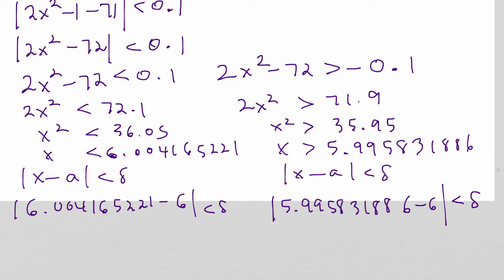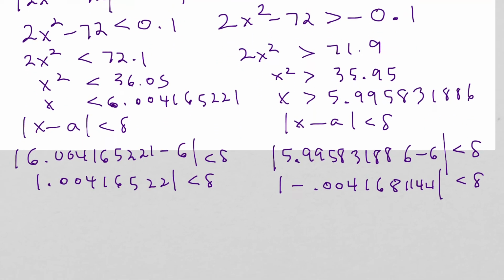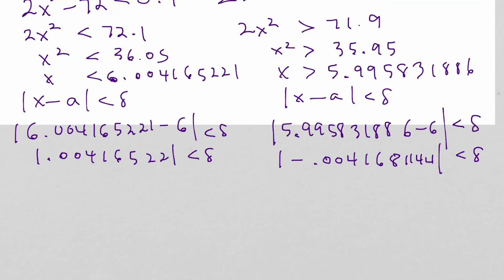Now I'm going to subtract in both of those instances and find out my delta values. So those are the two numbers I get. Now I want to look for the smallest number. So I've got 165 here and 168. This one here is going to be my smaller number.